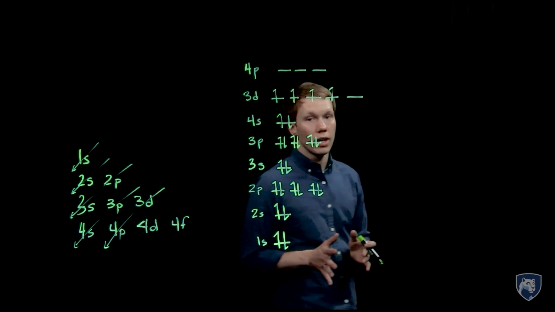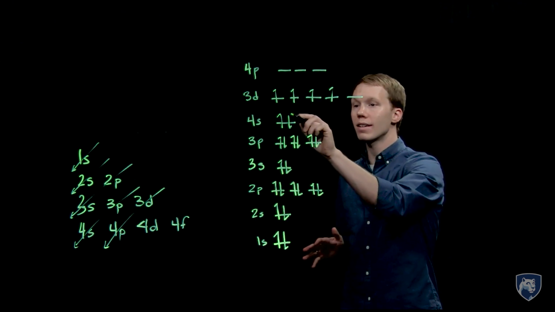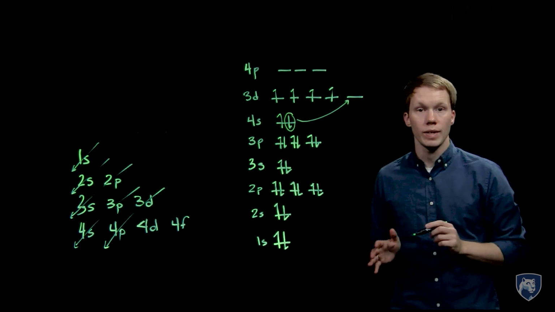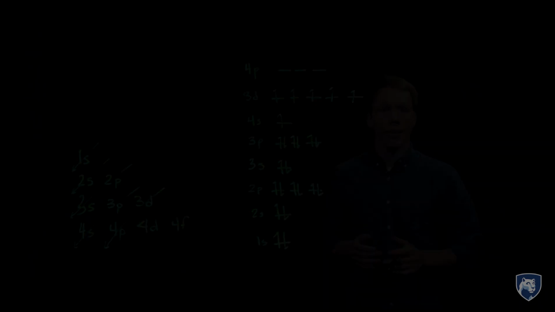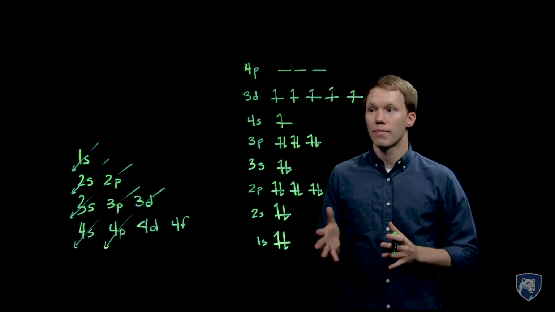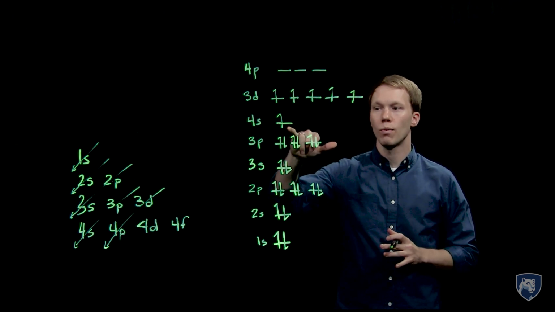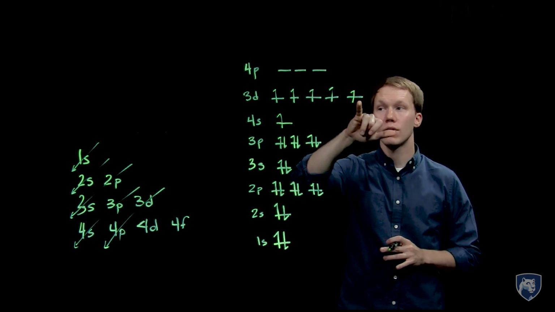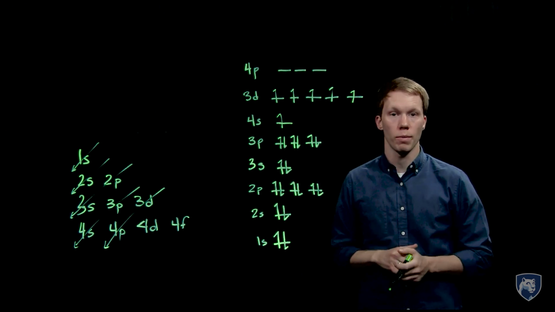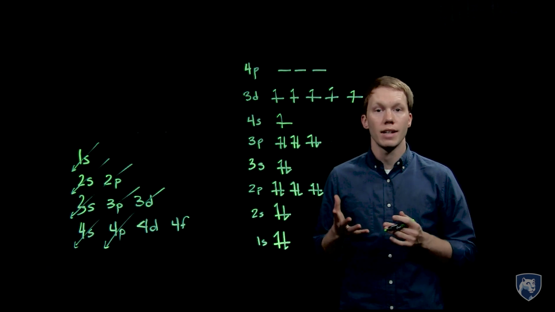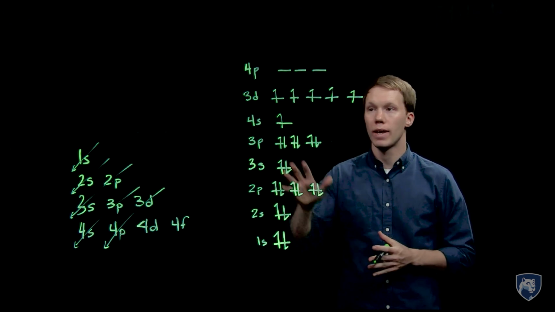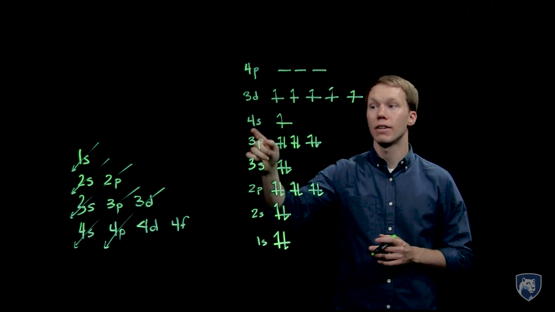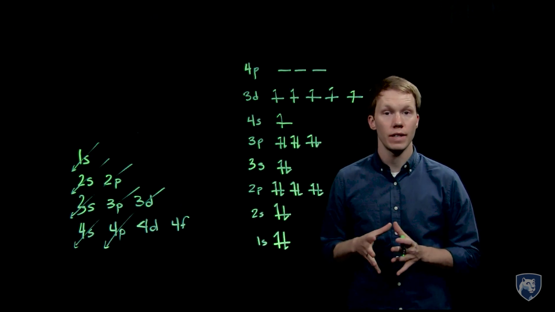What we actually see, though, is this 4s electron gets promoted to the 3d shell. Now we have something that looks like this. And so why would that electron want to leave this 4s orbital, which is of lower energy, and go to a slightly higher energy in the 3d orbital? Well, it turns out that there is an extra added stability with these so-called half-filled subshells. So the 3d and the 4s both are now half-filled.